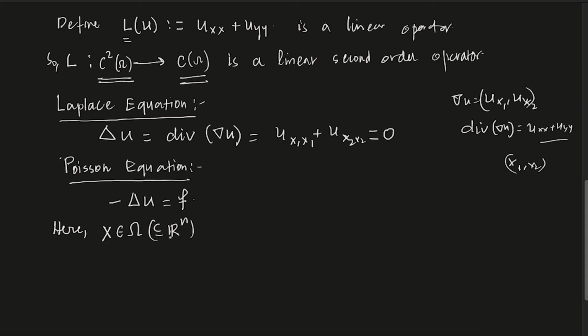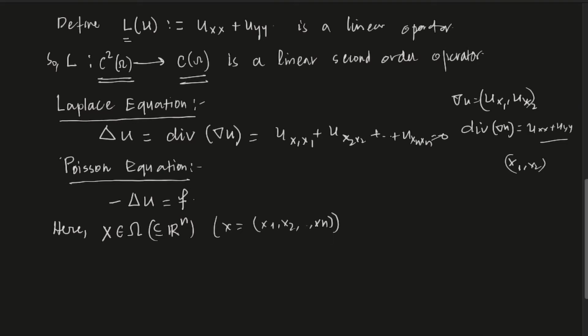When I'm saying it is an element of Rn, the Laplacian is u x1x1 plus ... plus u xnxn. n equals 2 is just this. So x in omega, a subset of Rn, means x is x1, x2, ..., xn. You do not have to worry about the n components; it's the same sort of thing as two components.